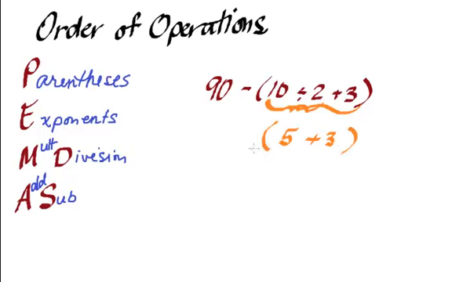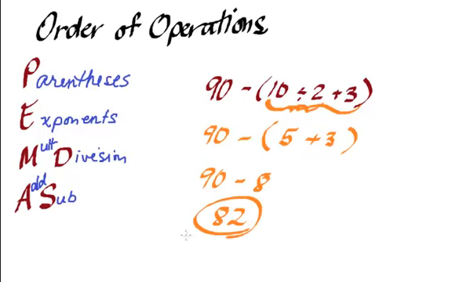So we have our 5 plus 3 and 90 minus that quantity. Well, 5 plus 3 is still inside of parentheses, so we do what's inside parentheses again first. 5 plus 3 is 8. So now we're just left with 90 minus 8, and we get 82 for our final answer.